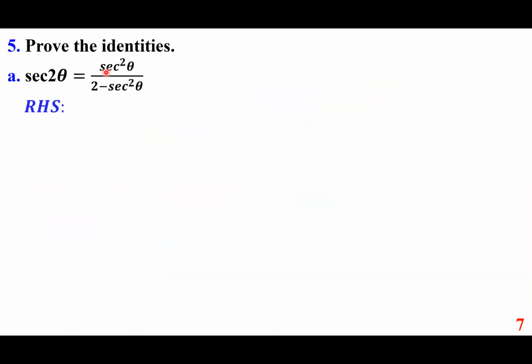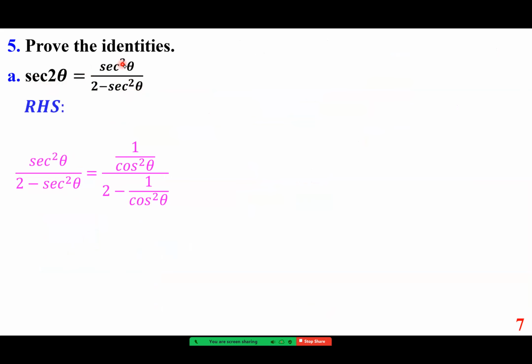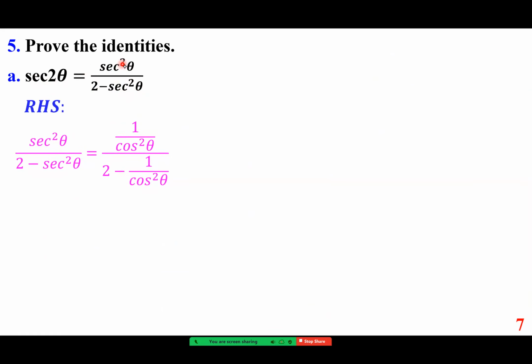So we are going to write secant squared over 2 minus secant squared theta by changing the secant into 1 over cosine, and work on it.